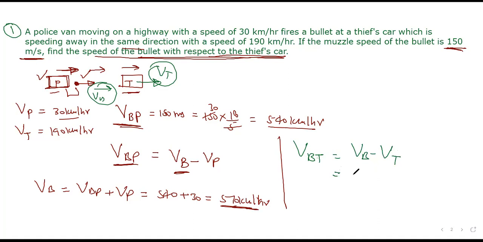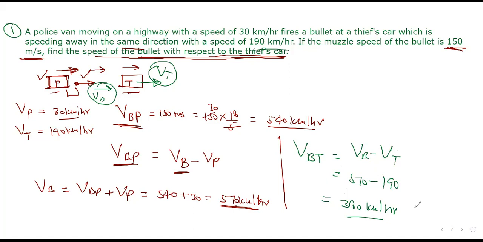The velocity of the bullet we already calculated as 570. The velocity of the thief was also given to us as 190. Correct? So 570 minus 190 is how much? 380 kilometer an hour. That will be the speed of your bullet with respect to the thief's car. Have you understood this? Okay.